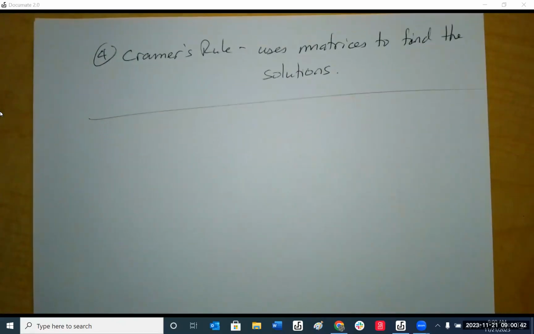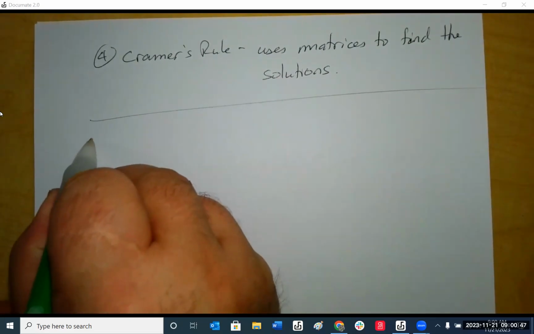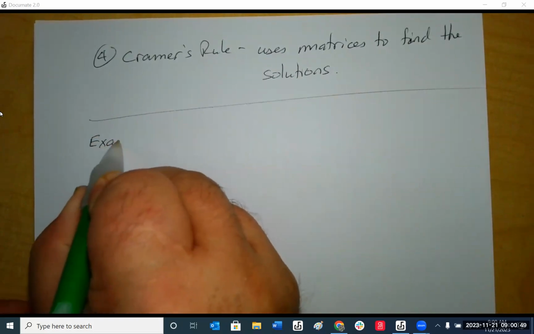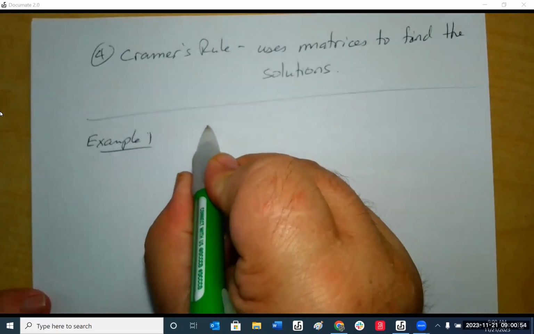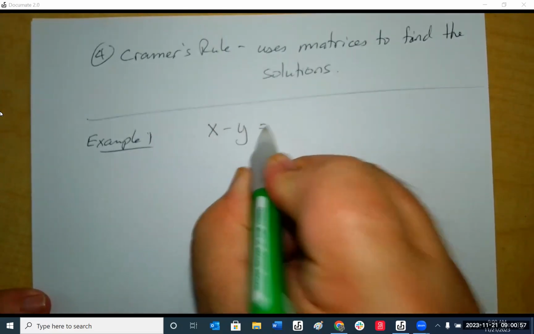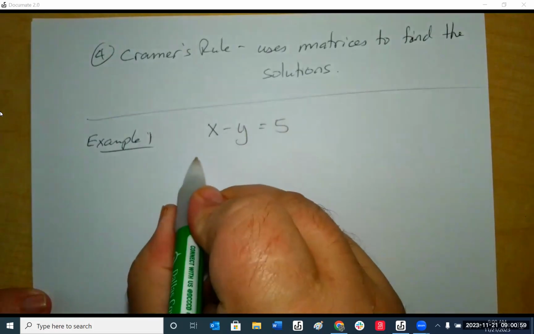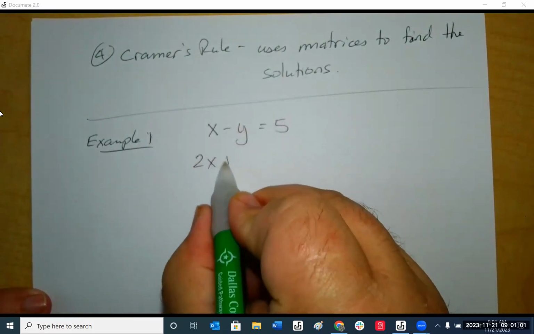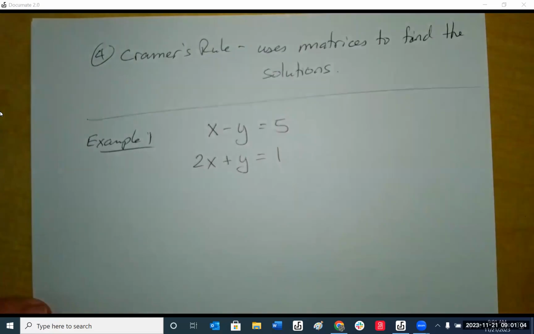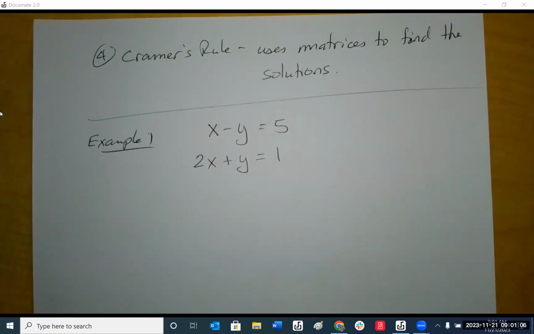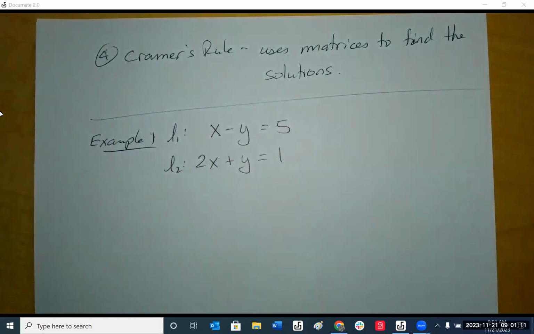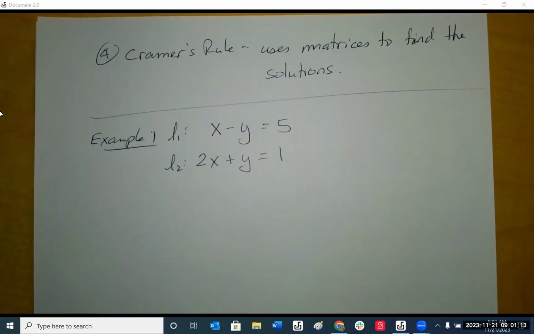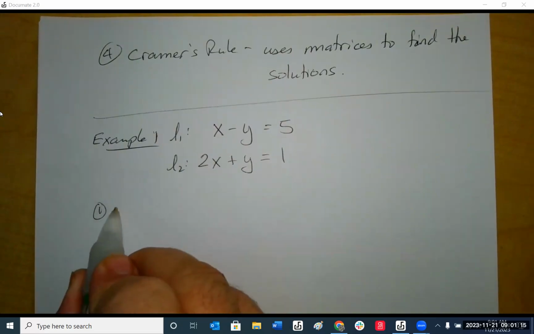All right, so I'm going to use two, maybe three examples, and we'll go through all four methods. So let's use this first one. We're going to use x minus y equals 5, 2x plus y equals 1. This is line 1. This is line 2. So the first method is graphing.